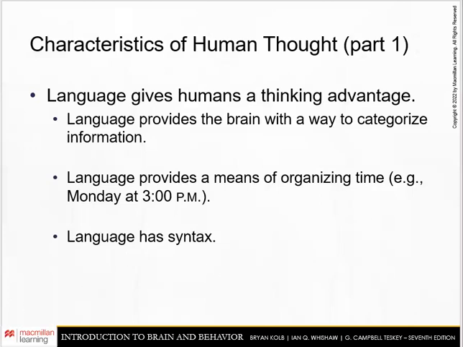Now, language also has syntax, so it has these sets of rules for putting words together to form meaningful utterances, and it's proposed to be a unique characteristic of human language. Unlike other animals, even very intelligent animals like dolphins, for example, they have these unique clicks and squeal sounds they end up making.